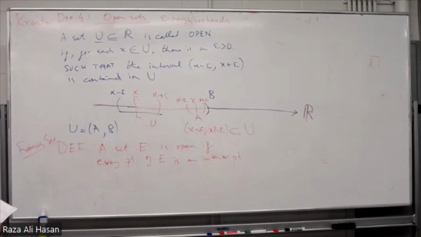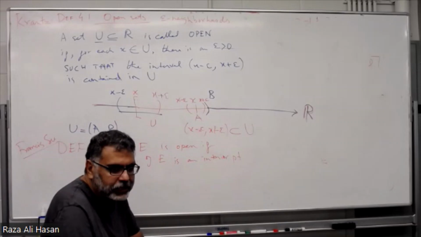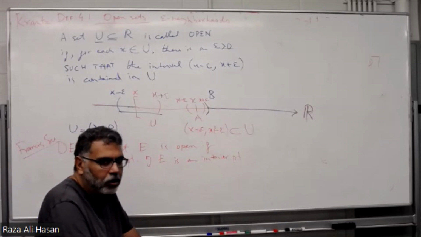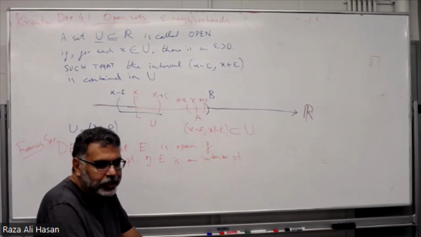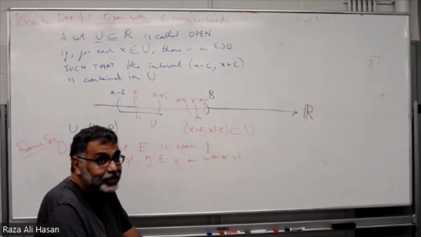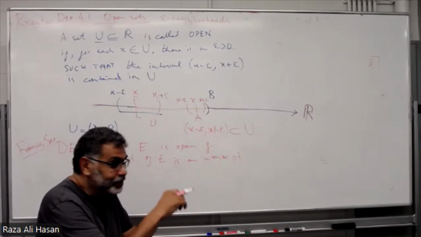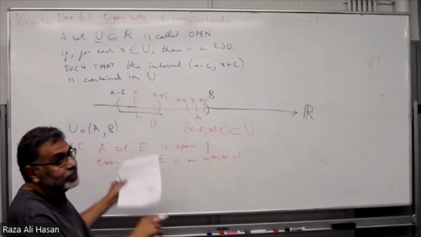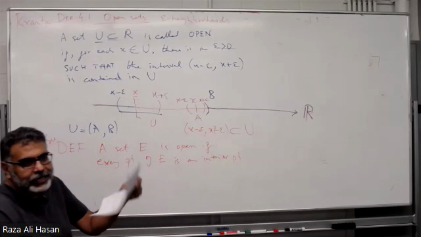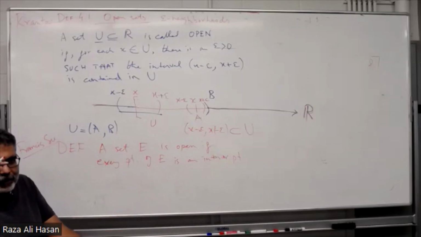Okay, so what is an interior point? If you draw a neighborhood around an interior point, if you draw a ball around an interior point, that better be a subset of the set E. Every point in E, if you draw a ball with the radius R, it better be inside it, right?